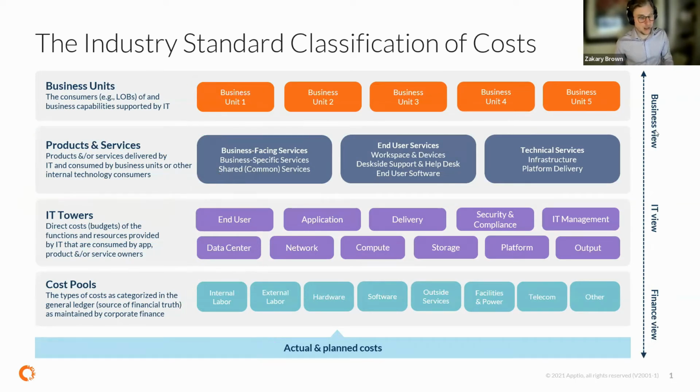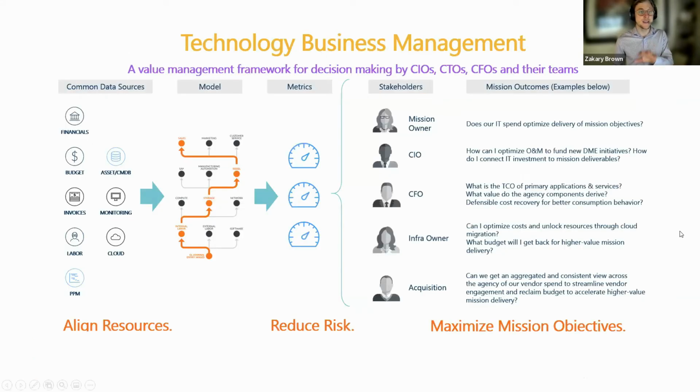I've got one more slide before I hop in, and that's just a quick callback to this slide that Vic showed earlier. I think this is a great high-level slide for TBM. You'll see that at a high level, we have all of those common data sources that he mentioned. And a big part of TBM is actually aligning all of these disparate data sources. For example, you might have several contracts that you can then line up start and end dates to specific applications.